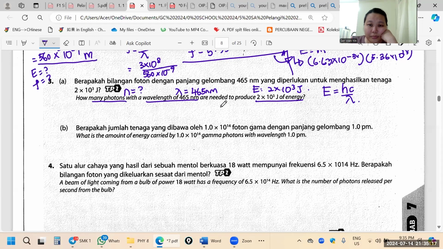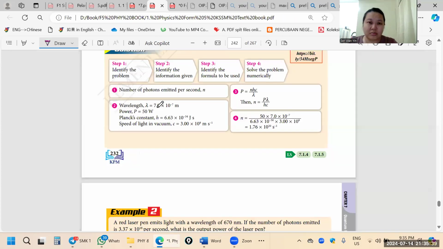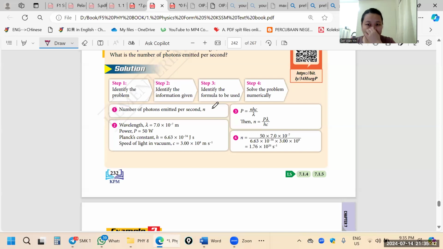Then I thought P was the number of photons. Oh, P is momentum. Sorry. How many photons? Number of photons emitted per second is in P lambda.